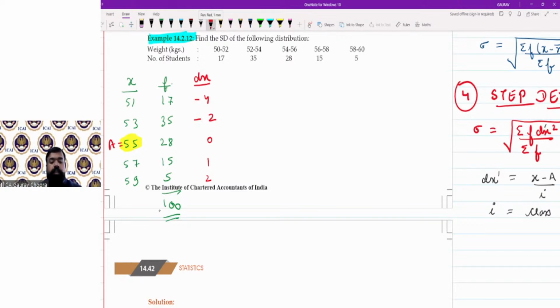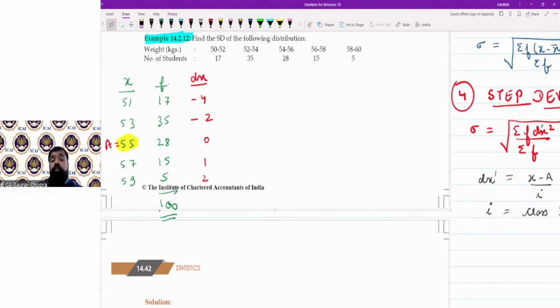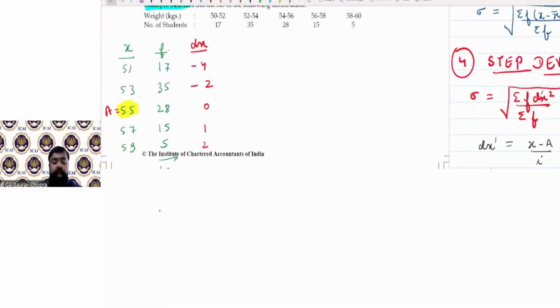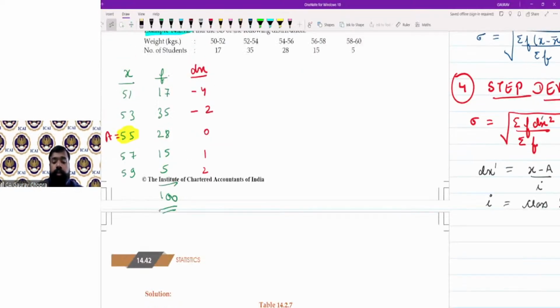Okay, this is the dx. Now, according to the formula, if we are using the shortcut method, we require dx. No need of dx dash. So let us solve first using the shortcut method only.